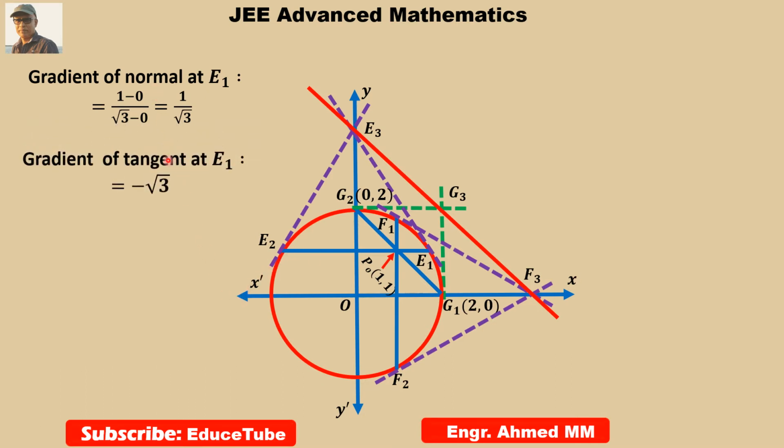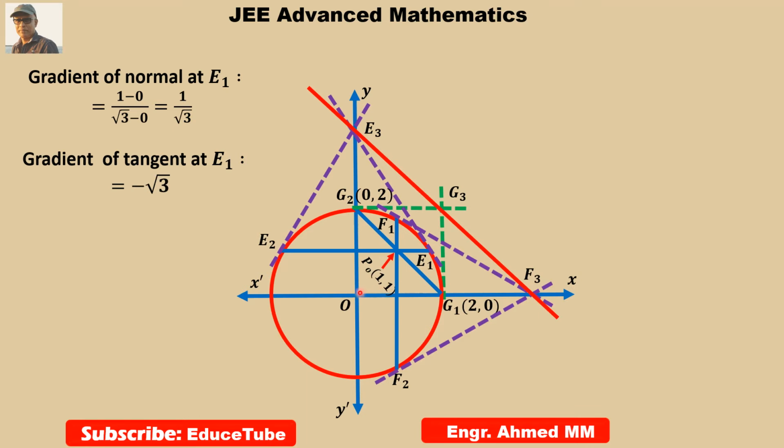Here two things I did. First, I wrote the gradient of the normal at E1. We know for any tangent, there will be a normal from the touching point to the center. If we connect it, it will be a normal and it is perpendicular to the tangent.